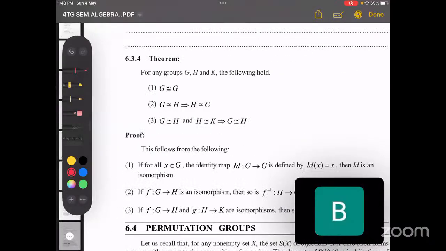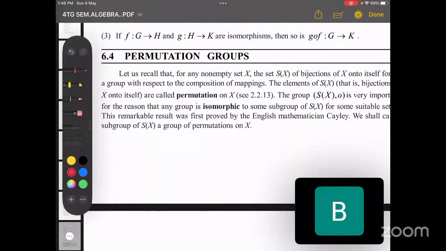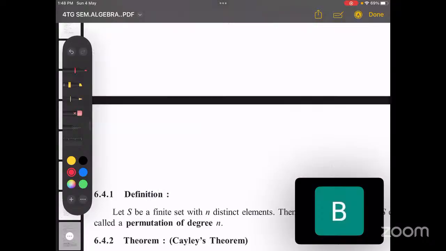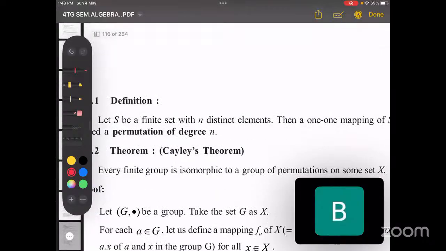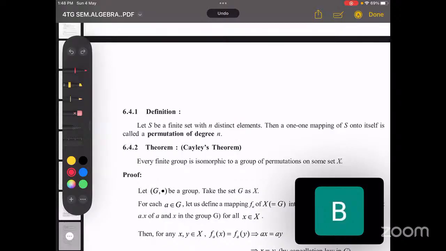Before that, we have to know the definition of what a permutation group is. You can see the introduction here, and after that the definition: let S be a finite set with n distinct elements. Then a 1-1 mapping of S onto itself is called a permutation of degree n.